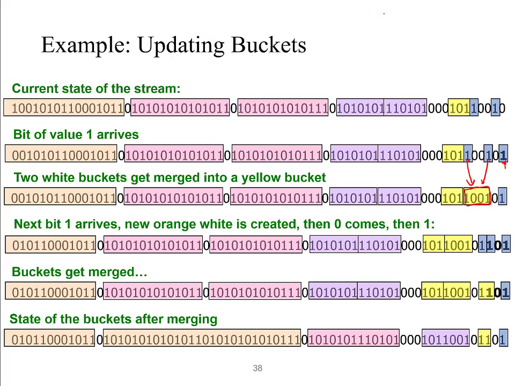But for this combination, if you still remember, for each bucket we record two things. One is the time step, and one is the number of ones, of which we only store the power of 2, right?